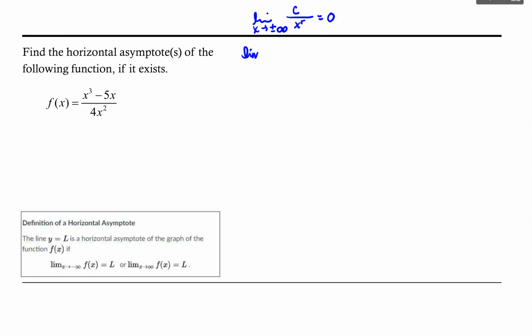Let's first consider the limit as x approaches positive infinity of x cubed minus 5x over 4x squared. So we're going to want to multiply both numerator and denominator by that 1 over x squared we discussed. Now, notice that we're simply creating an equivalent function that behaves similarly to the one we started with.